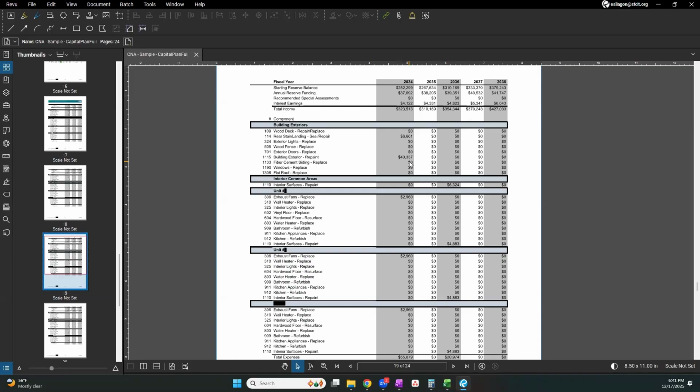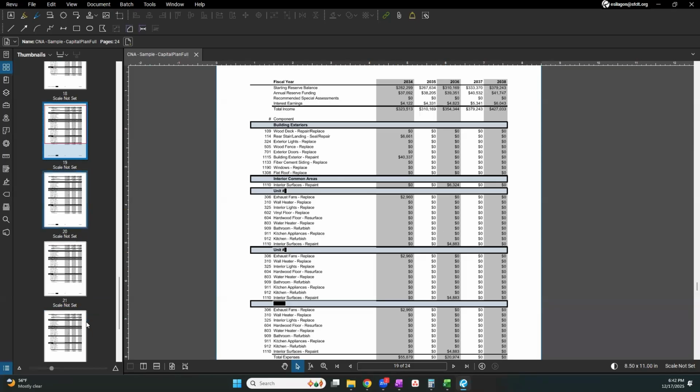Perhaps you have a relationship with a painter, and they would give you a discount for doing the entire building. And so you might think, well, combine all the work from 2036 into 2034 then. Have a slightly bigger project, but I can save money on it. Also, I can save that 4% inflation. So there is some flexibility throughout the years.